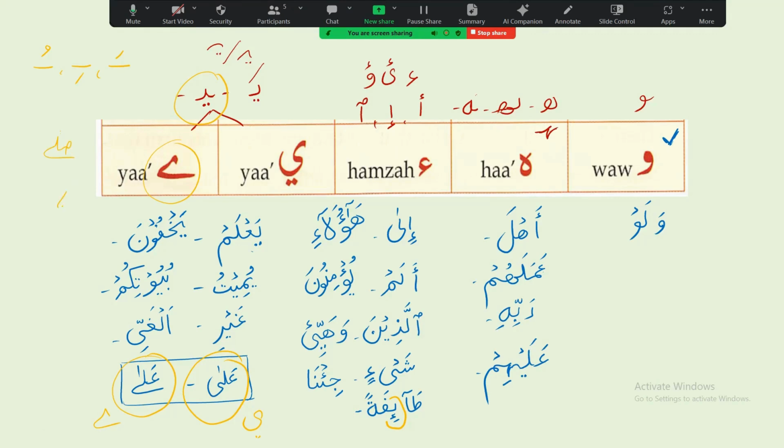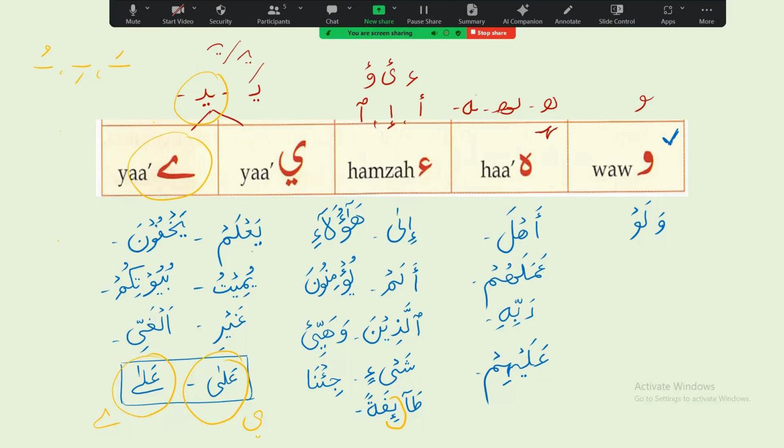This symbol, or this symbol, or this symbol that you see, very small symbols. Sometimes this symbol is also there in a short form. You will find this symbol as well. This is the symbol of the ya that is mentioned in a symbolic short way. And yes, it symbolizes something when we read Quran. When we learn how to recite Quran, it is explained why this symbol is mentioned and what we do with it when it comes in a short form. Okay, so I hope I have not confused you, but that is another reason why you are supposed to remember this shape of the ya alphabet as well.